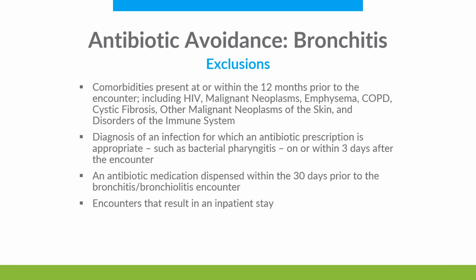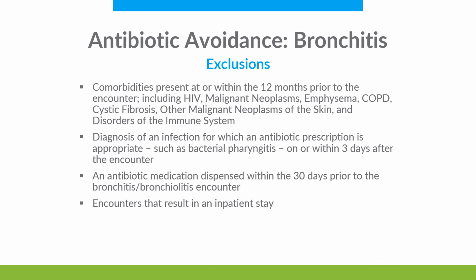The exclusion criteria for this pharmacy measure are as follows. First, comorbidities present at or within the 12 months prior to the encounter, including HIV, malignant neoplasms, emphysema, COPD, cystic fibrosis, other malignant neoplasms of the skin, and disorders of the immune system.